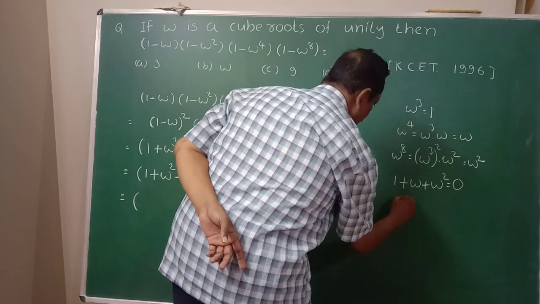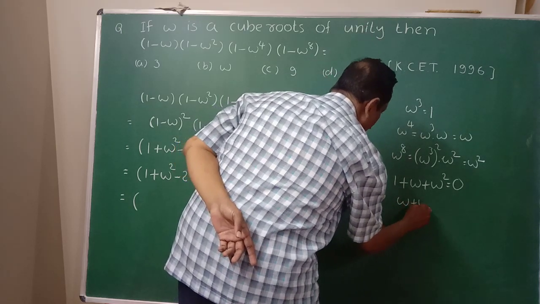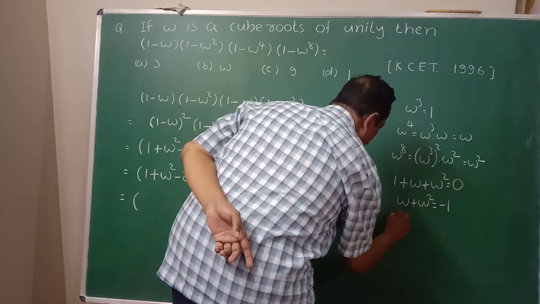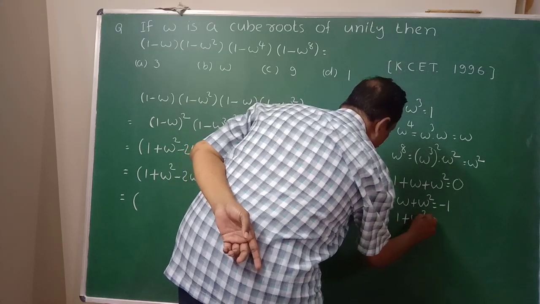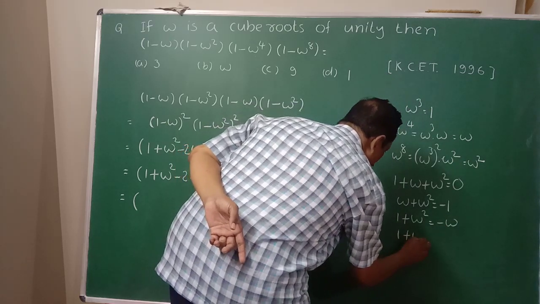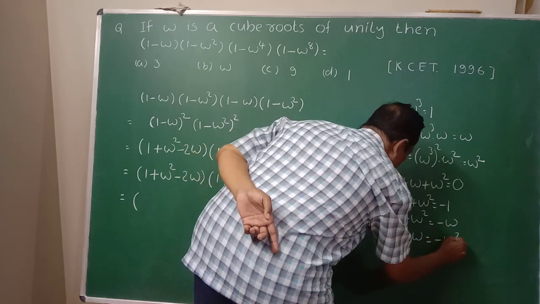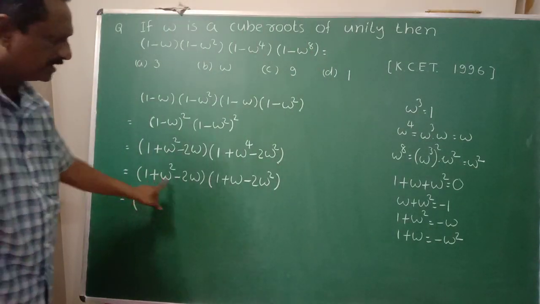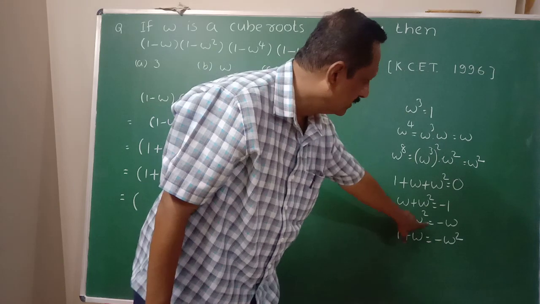Omega plus omega square is minus 1, or 1 plus omega square is minus omega, or 1 plus omega is minus omega square. So 1 plus omega square is minus omega.